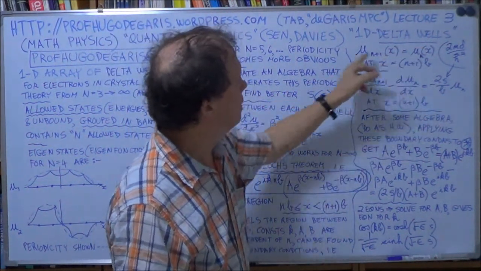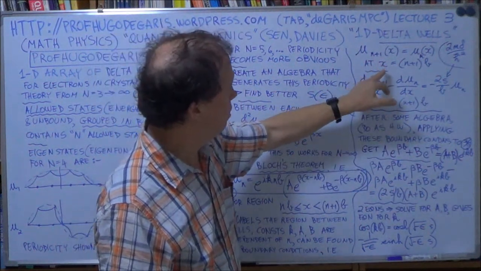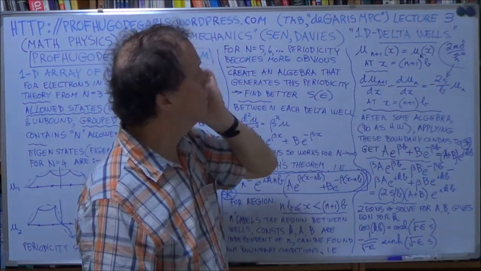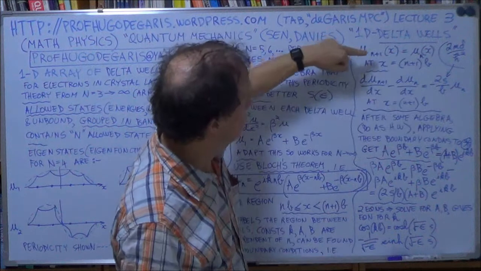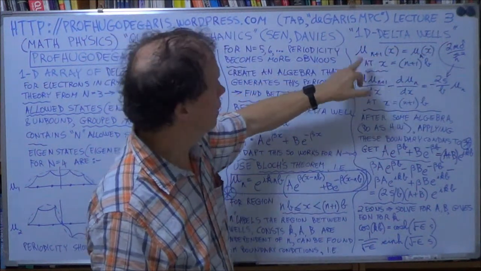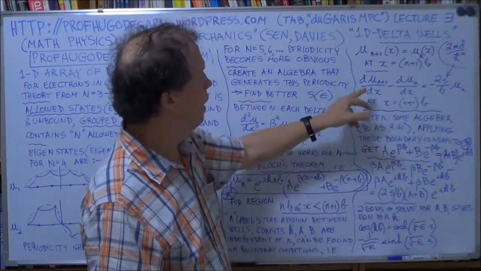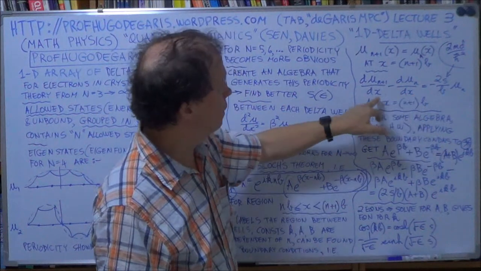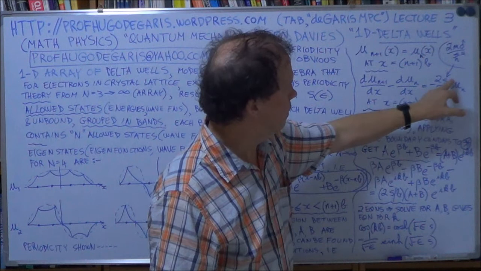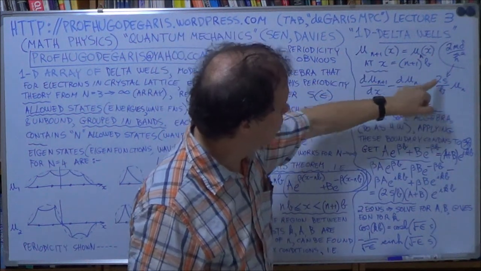So these two have to be equal, right? That's true at the (n plus 1)th delta well. So this is just continuity of the values of the two eigenfunctions either side of the delta well, and here we're using the difference in gradients. And in the text it's put in this form, just 2s.